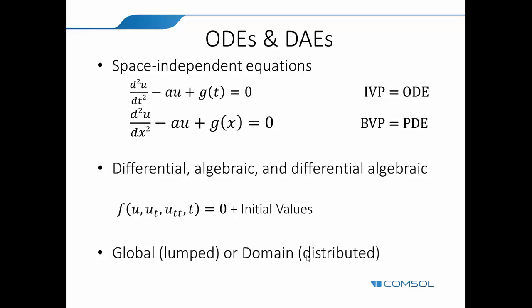The first equation is mostly like a particle dynamics equation, where you would want to specify both the initial location and the initial velocity. Whereas the second one is more or less like an equilibrium problem in 1D, where you want to specify boundary conditions at the two ends. So that is like a two-point boundary value problem, whereas the other one is an initial value problem where you specify two initial conditions at one point.